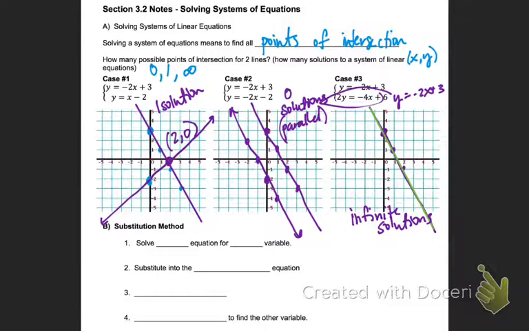Now, whenever you're solving something like this, and we're not doing it graphically, we're going to use substitution or elimination. The most common that we see is one solution.